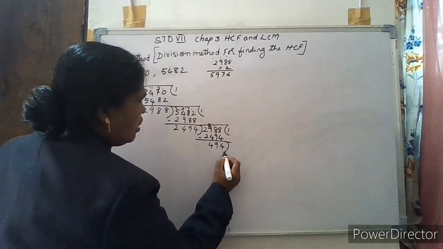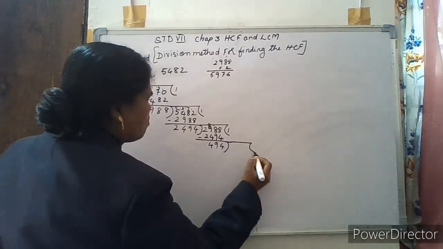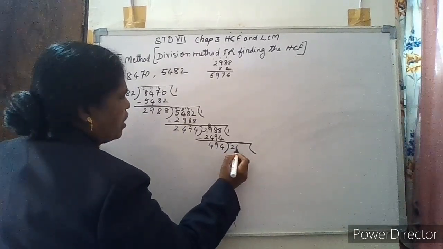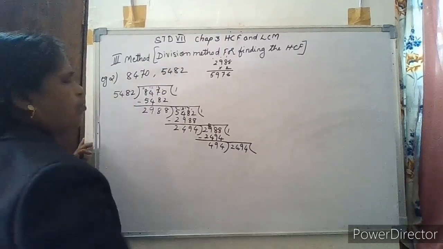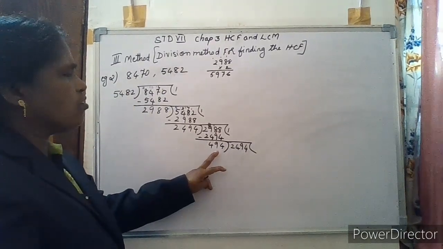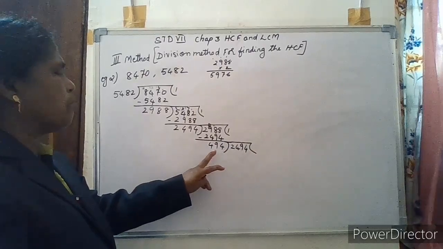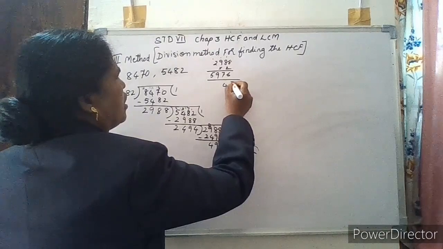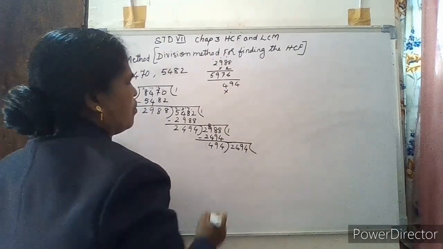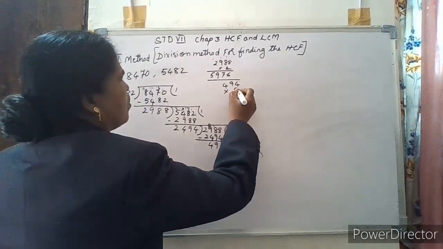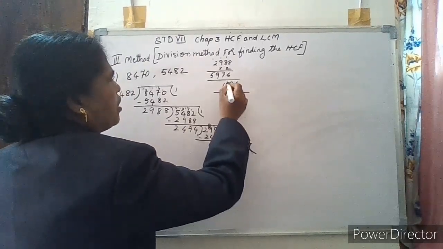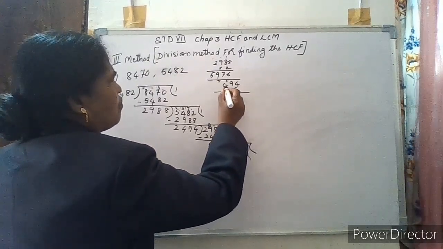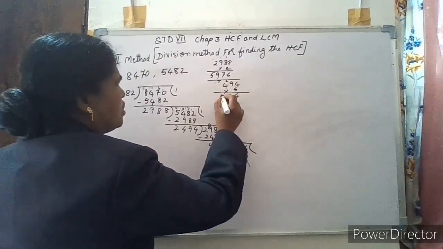Now again this is the divisor and the previous divisor is the dividend. 2,490. Now this is a 4-digit number, this is a 3-digit number. So I need to multiply 494 by, suppose, 6 if I take. 6 4s are 24, carry 2. 6 9s are 54, 56, carry 5. 6 4s are 24, 29.